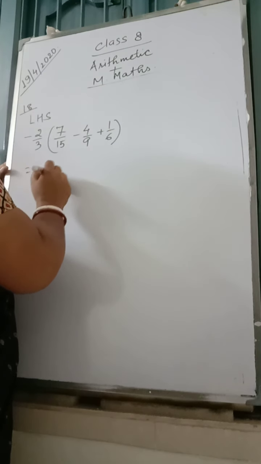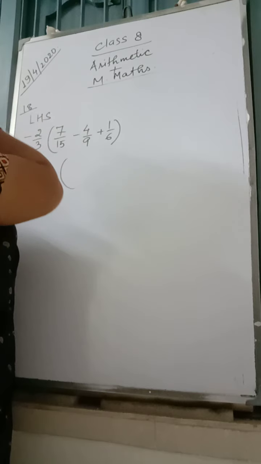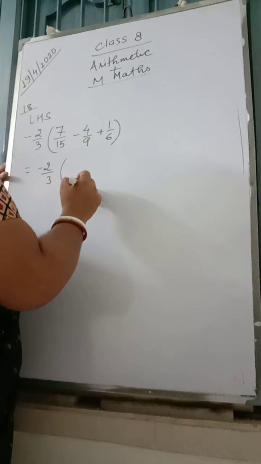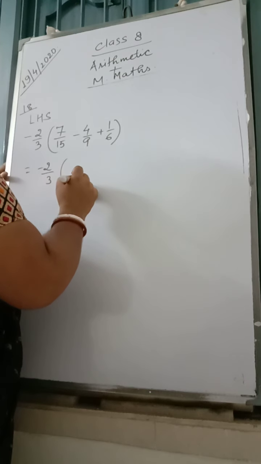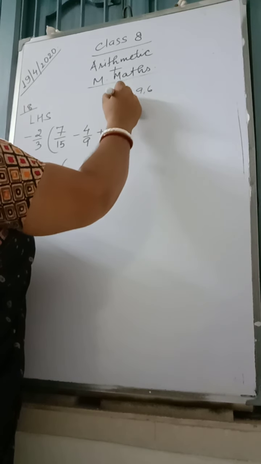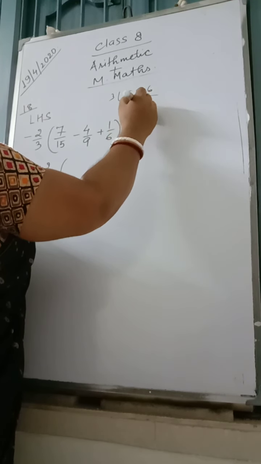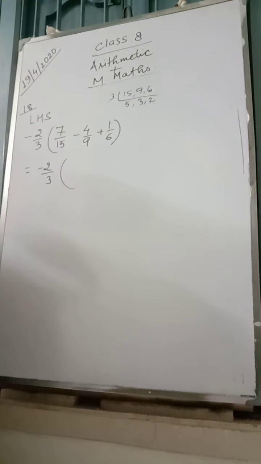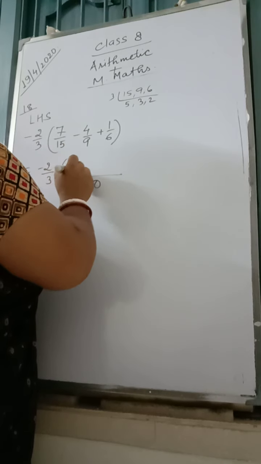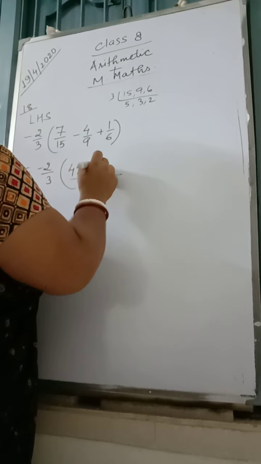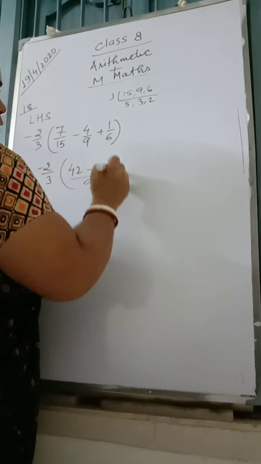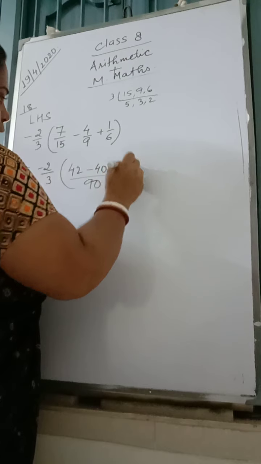Now see, minus 2 by 3, and the LCM of 15, 9 and 6. What will be the LCM? Just see. It will be 90 only. 15, 9, 6: 3 fives, 3 threes, 3 twos... 6 fives are 30, 3 threes are 90. 15 sixes are 90, so 7 sixes are 42. 9 tens are 90, so 4 tens are 40. 6 fifteens are 90, so 15 ones are 15.